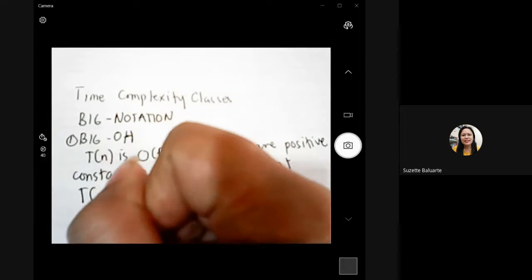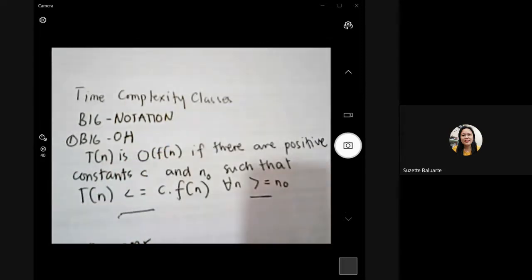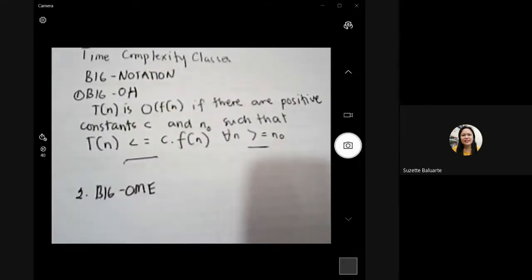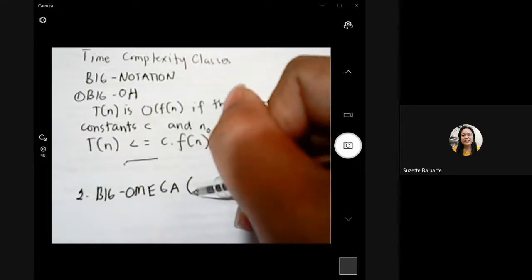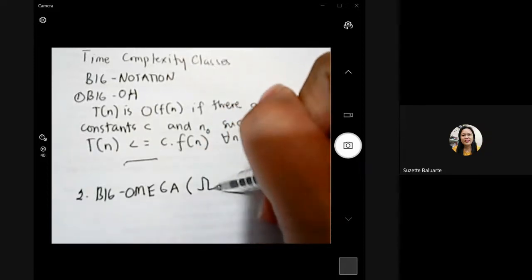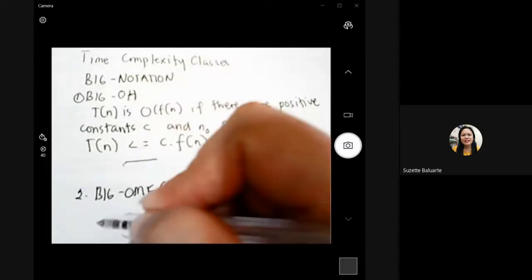How about big omega? The symbol of omega is like this.